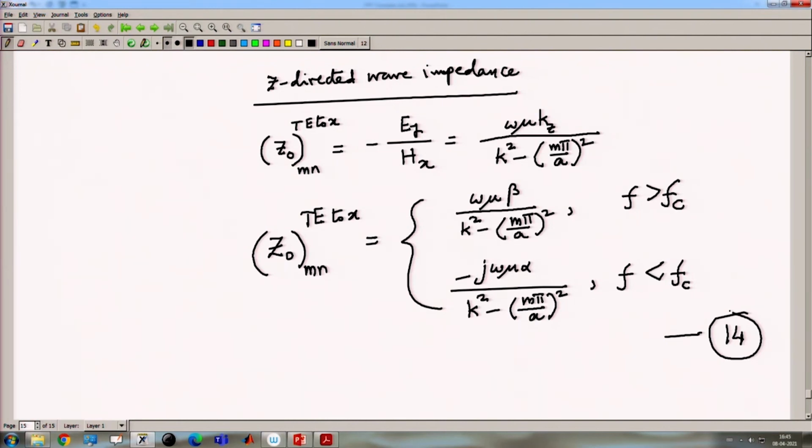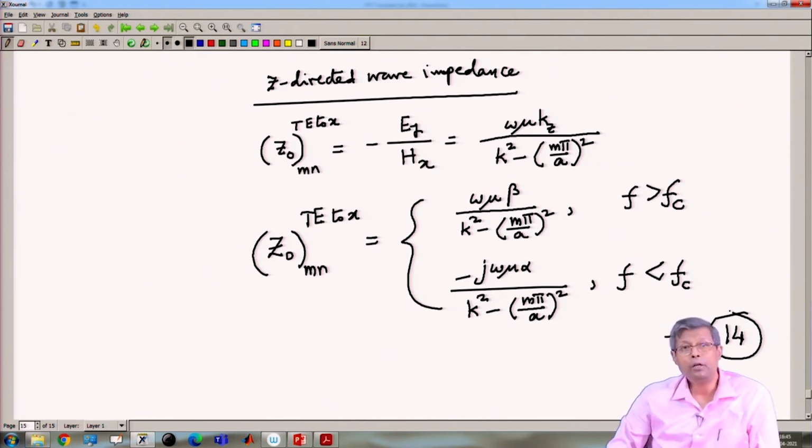So, that ends the preliminary framework we need for the mode functions of the TE to x and the TM to x modes, which we are going to now use to analyze and find the dispersion characteristics of the partially filled rectangular waveguide.